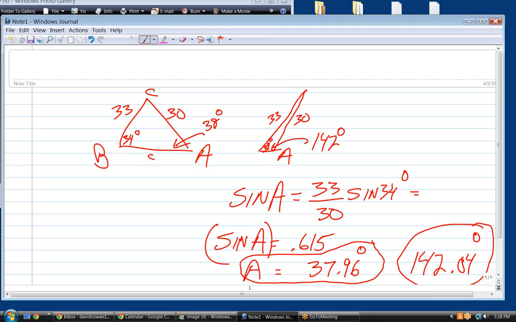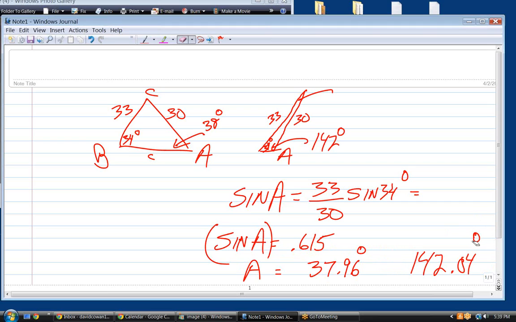The way I check to see if this is possible is if I add this to 34 degrees and get more than 180, then this is not a possible solution. But in this case, it adds to 34 and comes up to be less than 180, leaving room for the third angle. So this is the ambiguous case of the law of sines. We actually have two different triangles, and we're not done yet.